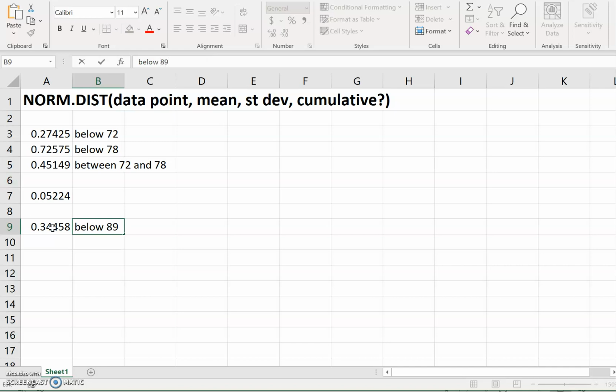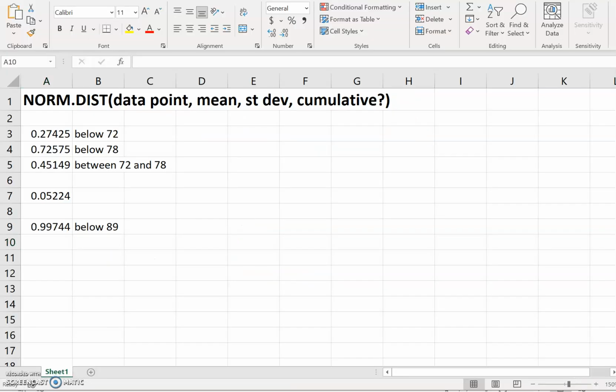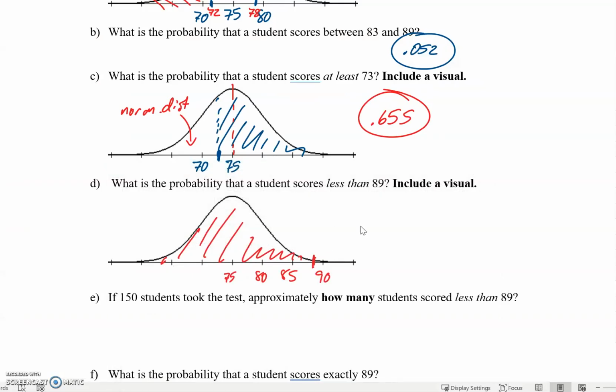So all I need to do is update my little formula here and say, okay, 89 is my data point. And we get 0.99744. Most of the data. We're almost 3 standard deviations above the mean there. So 0.997, we'll say if we're rounding to 3 decimal places.